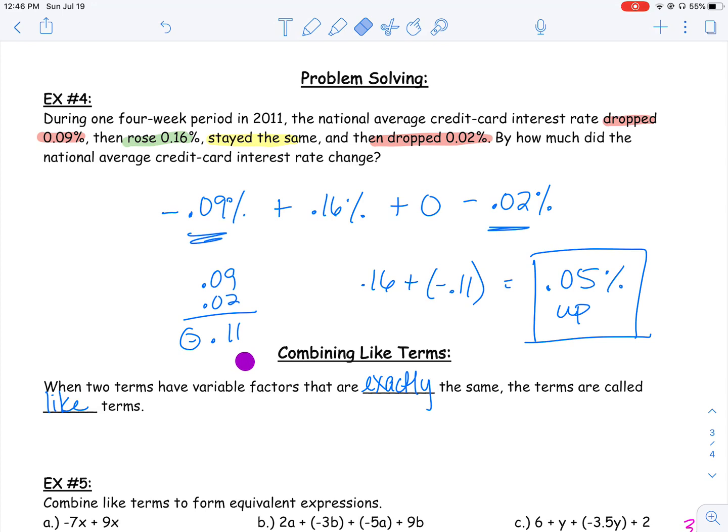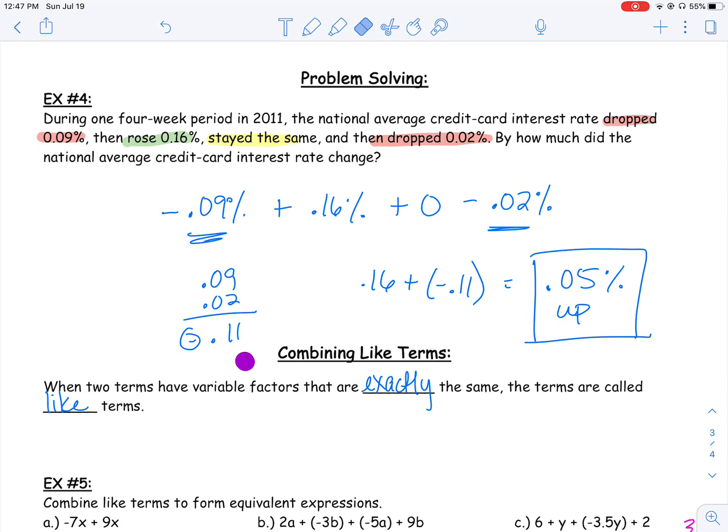Then it stayed the same that next week, and then it dropped again by 0.02%. By how much did the national average credit card interest rate change?